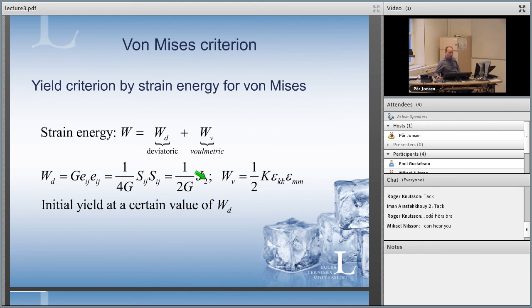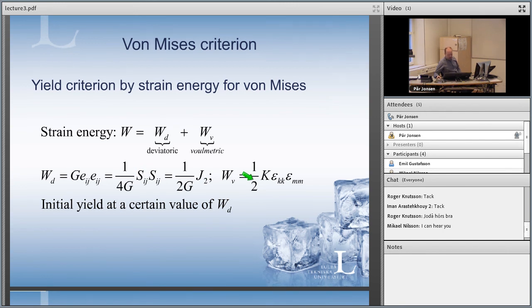And as we know, it's pressure insensitive. The deviatoric strain energy will be the one that controls the yielding point. You can rewrite it like this with the shear modulus and the deviatoric strain, or in this way with stresses. It's the same. Here you have the deviatoric stress tensor, and you have 1 divided by 4 times the shear modulus, or like this.